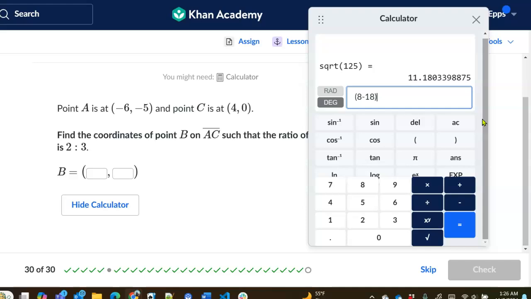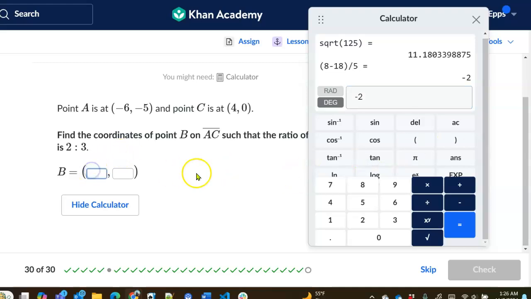That whole thing goes over m plus n, just 5. Oh, okay, that was easy. -2.